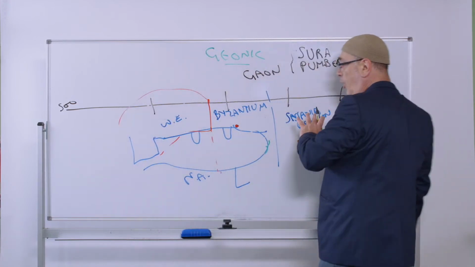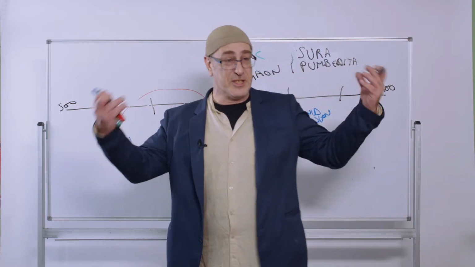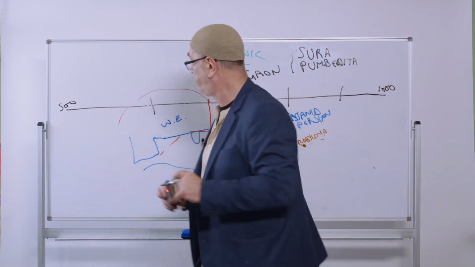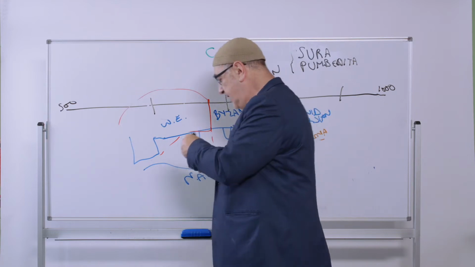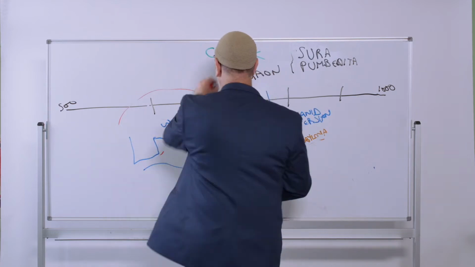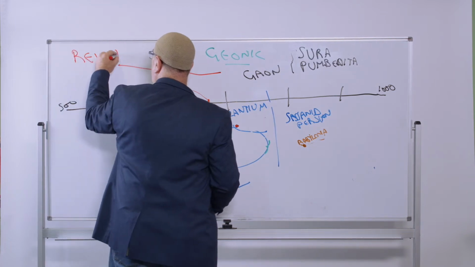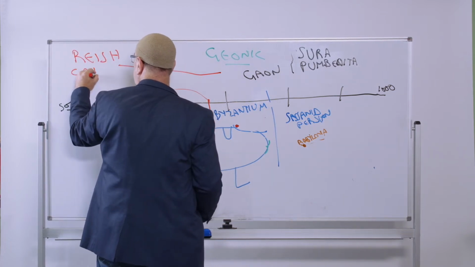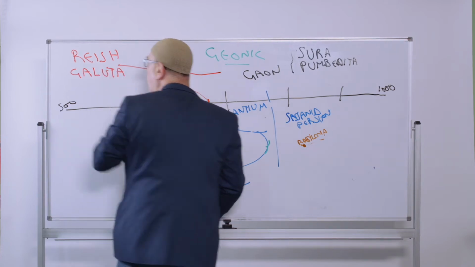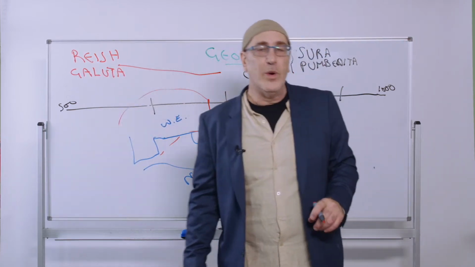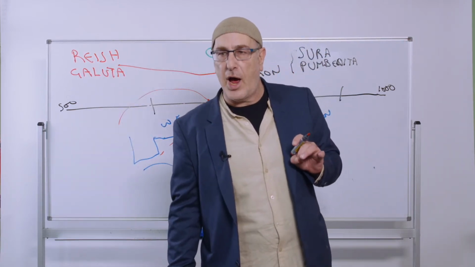All I'm talking about now with the Geonim is going on in the background of all of this. And that is the position within the Jewish world of the Resh Galuta, the exilarch, the head of the exile, who was a descendant of the Davidic line.